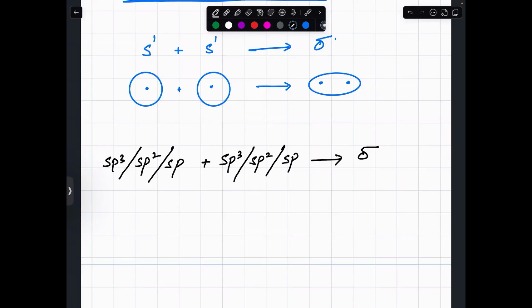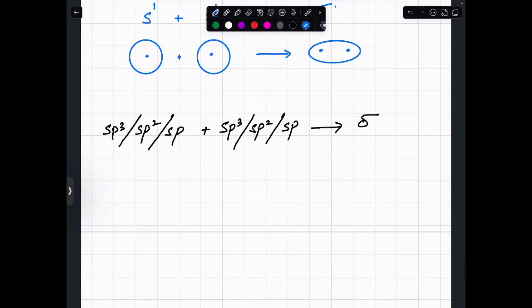But how will you draw it? You represent this orbital by this shape, and the other exactly the same. When they overlap, this is formed.